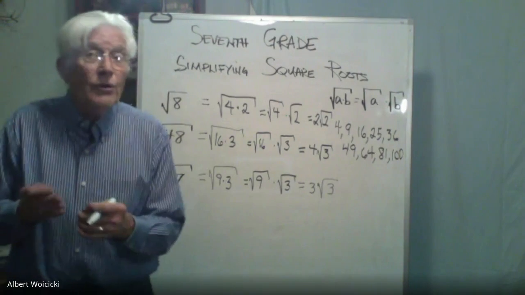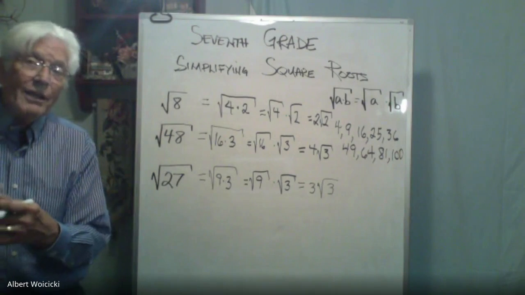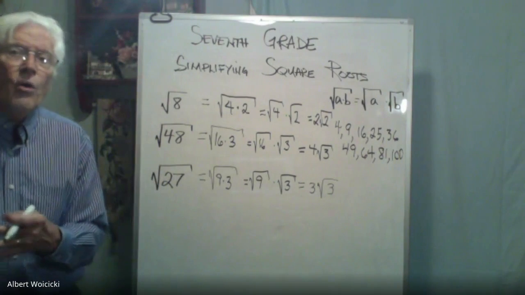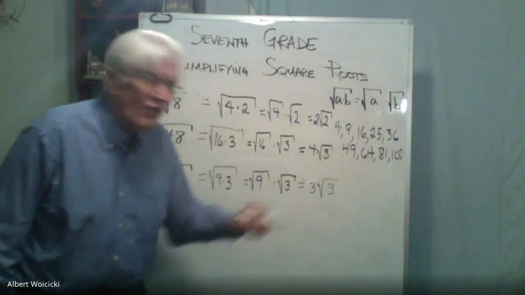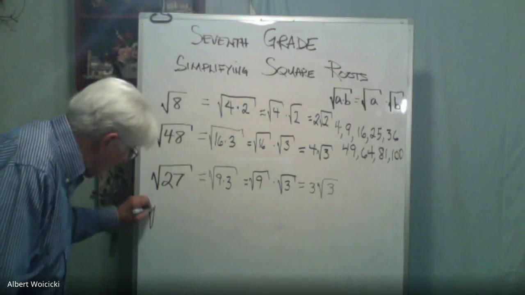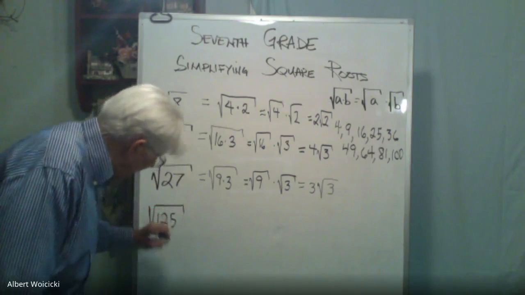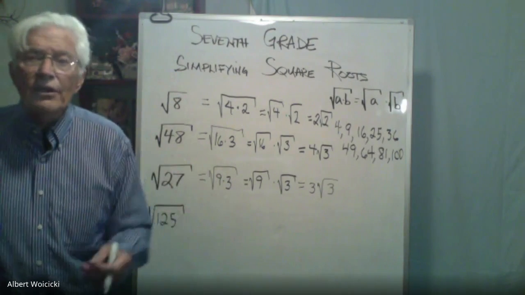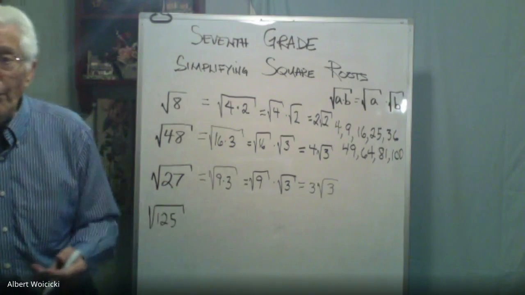And you're doing a lot of practice with this. The numbers are going to get bigger, but give them numbers that have factors they can recognize. If you gave them the square root of 125, they know that 25 goes into that evenly, because that's 5 quarters.